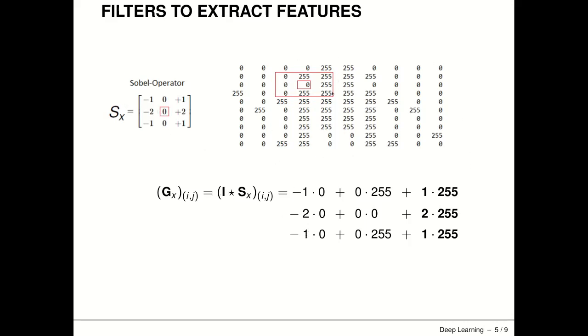For example, if we consider this position, we need to calculate a dot product of these two matrices. Here we have -1 times 0, 0 times 255, plus 1 times 255, -2 times 0, and similarly for the other positions, we can calculate Gx.